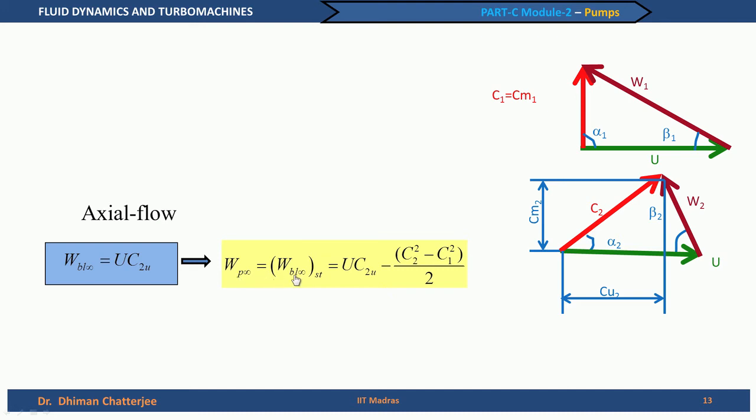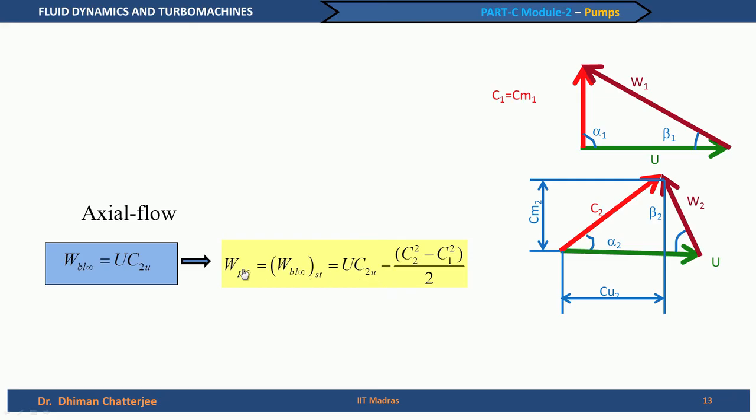Some books will write W_BL infinity ST, for static. Whatever notation we follow, we are talking about the static pressure change, which is the total work transfer W_BL infinity minus (C2 square minus C1 square) divided by 2. So, let us write that.